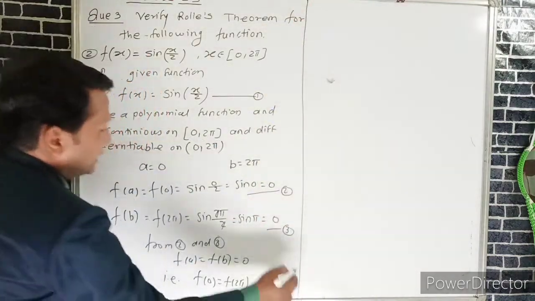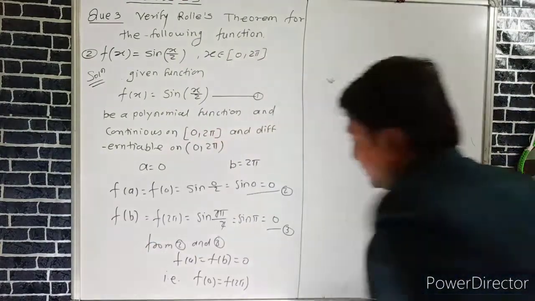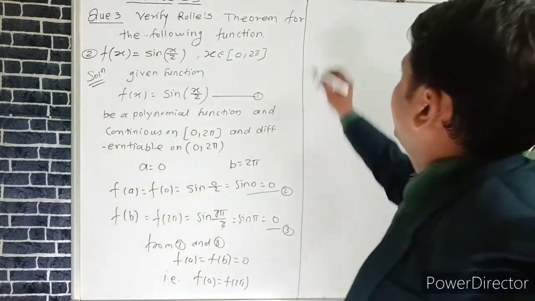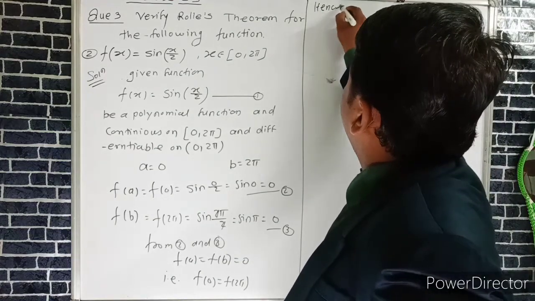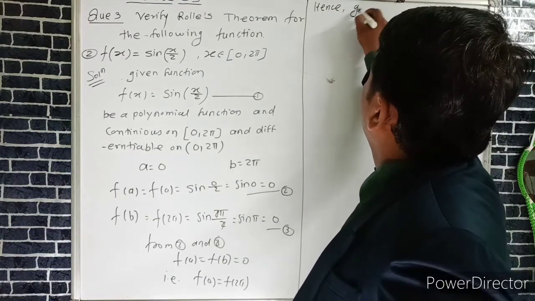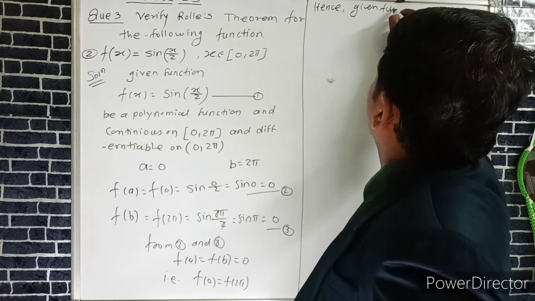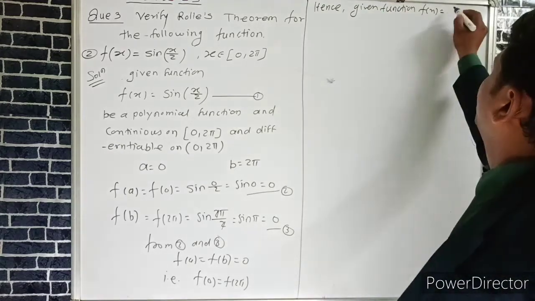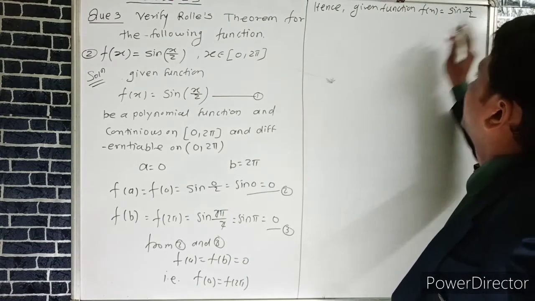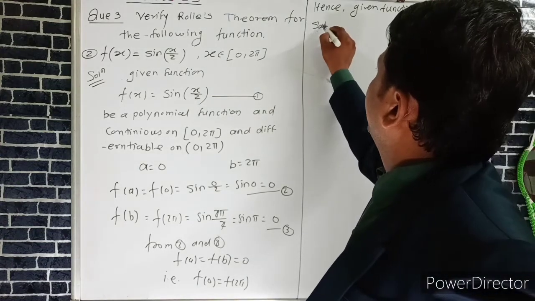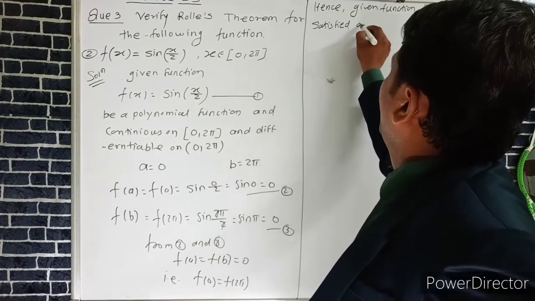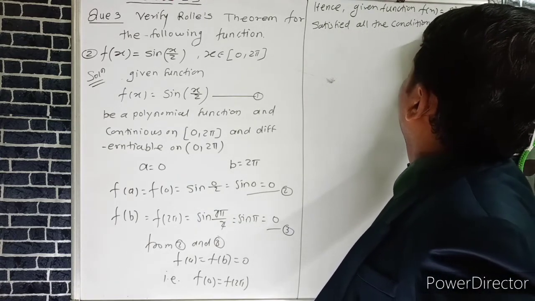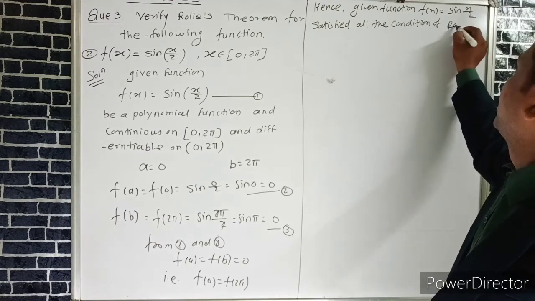So here we can say again, if the values of f of a and f of b are equal, then the given function f of x is equal to sin of x by 2 satisfies all the conditions of Rolle's theorem.